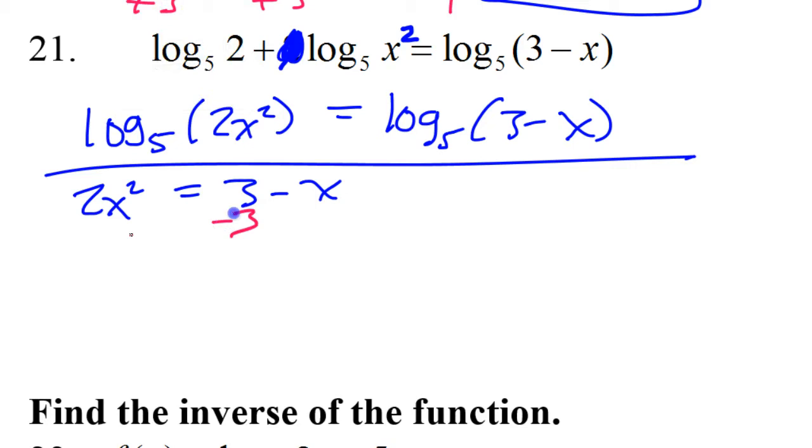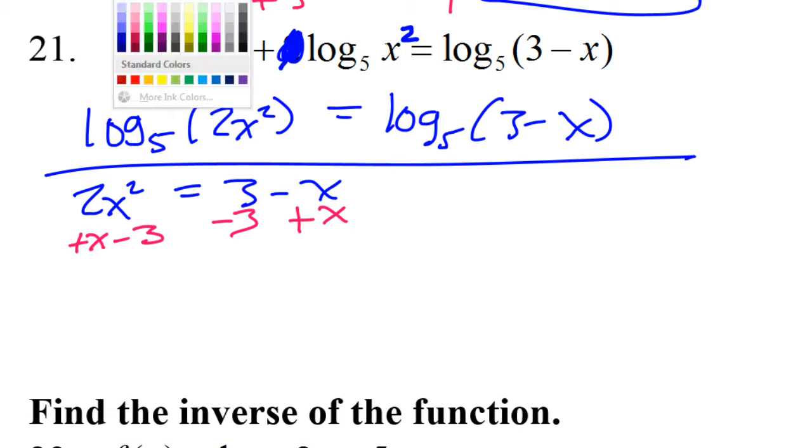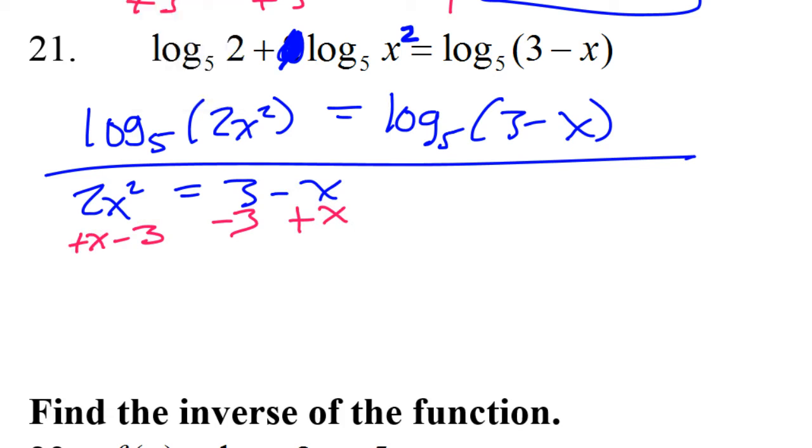So minus 3 on both sides. Okay. So add that x on both sides. So that's going to give me 2x squared plus x minus 3 equals 0.